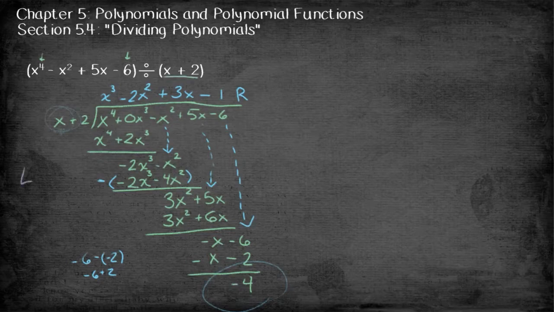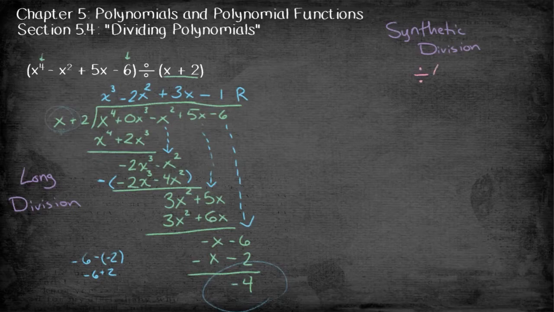So this would be a long division, like really long. And we also have what's called synthetic division. This really only applies when you are dividing by something that looks very specific. It has to look like x minus something.